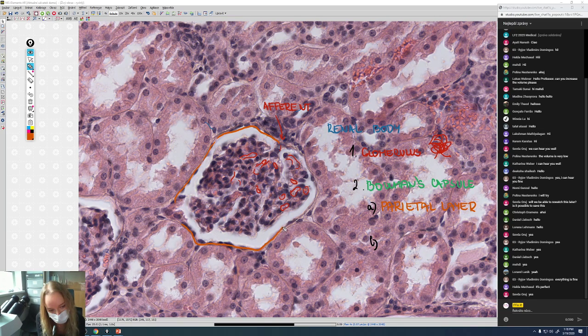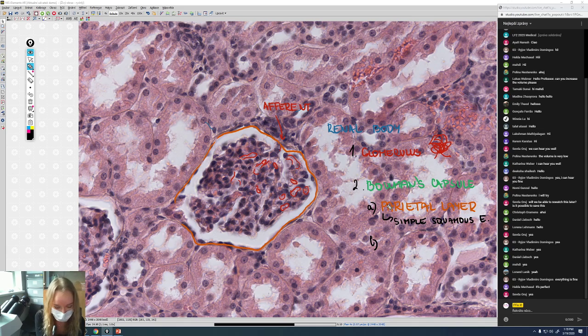You probably can see what it's made of. It's made of simple squamous epithelium. So the parietal layer is simple squamous epithelium.